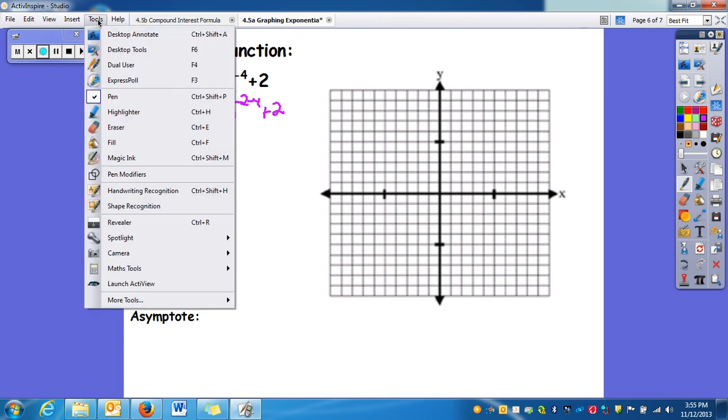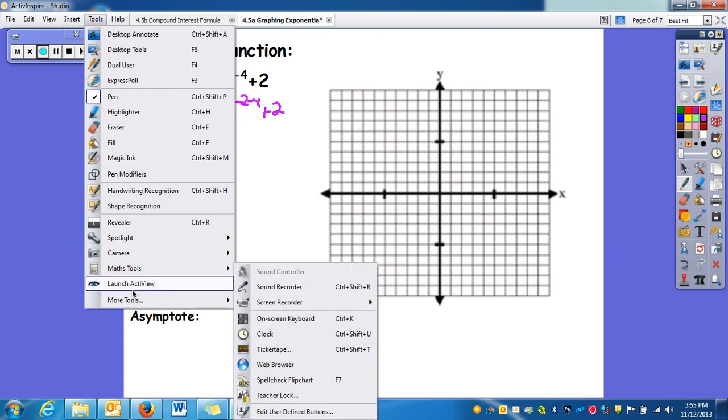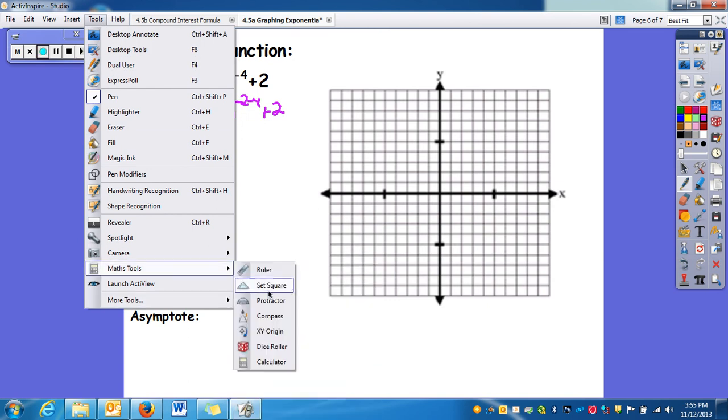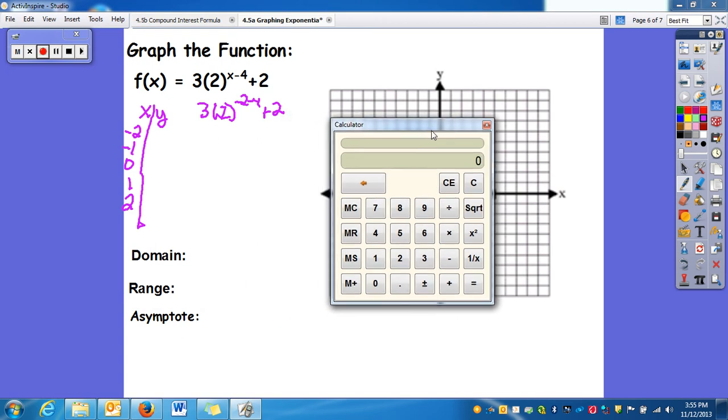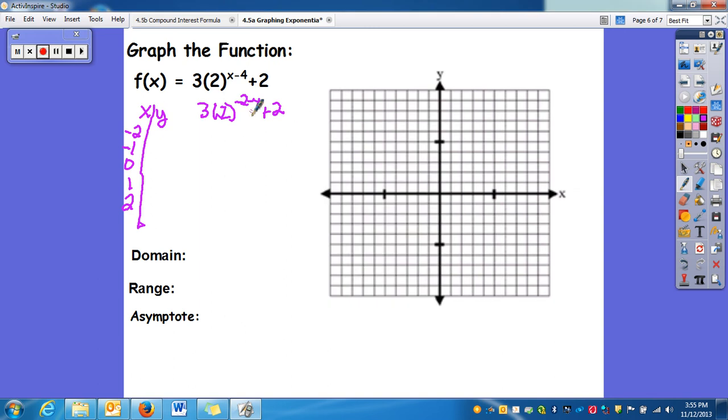This one I think we actually need to grab the calculator for. And you know what? This calculator doesn't even let us use exponents. 2 to the -6. You can do this with your calculator, and then you take it times 3 plus 2.